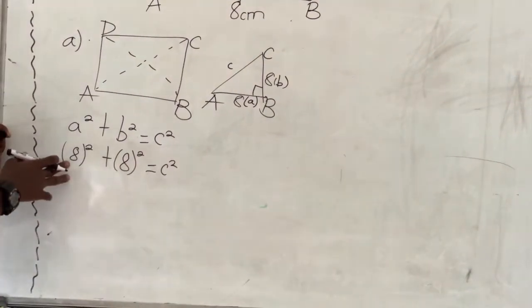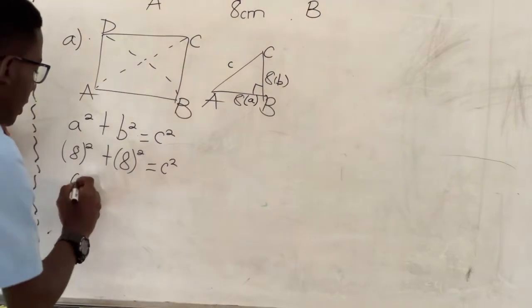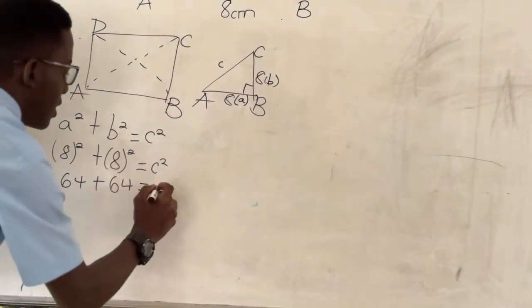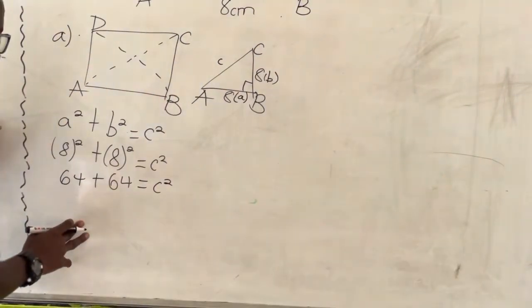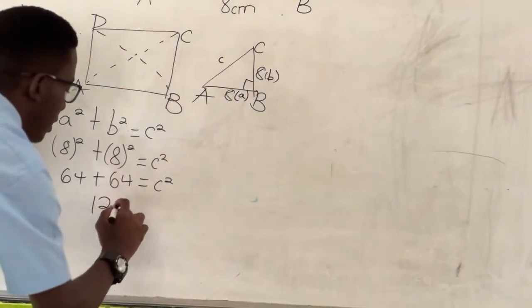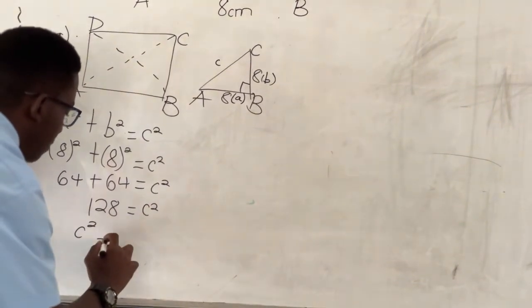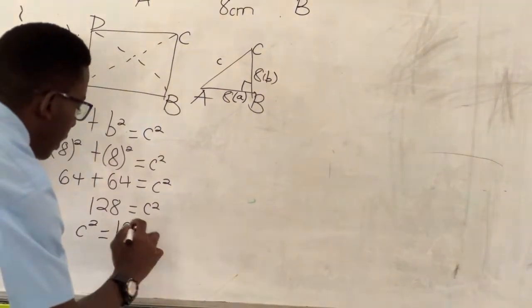We find 8 squared, which should be 64, plus 64 is equal to c squared, and from there we get 128 is equal to c squared.